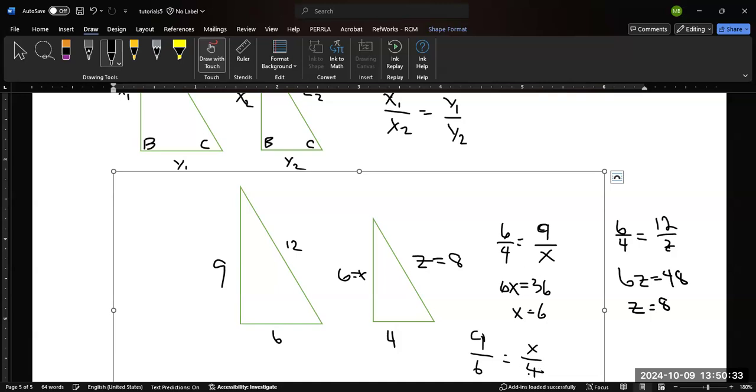And you can see that if you actually solve it, you get exactly this equation, 6x equals 36, because the elements are in the corresponding parts of the equation. So don't get hung up on which is the perfect ratio to make. As long as you have one complete ratio and one partial ratio, then you'll be able to solve for the missing piece.